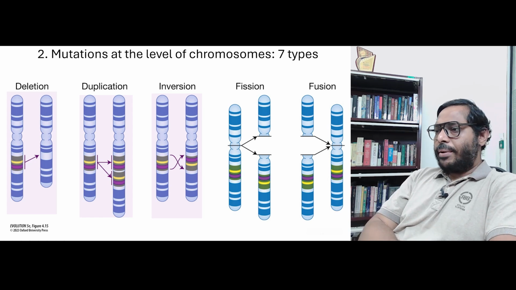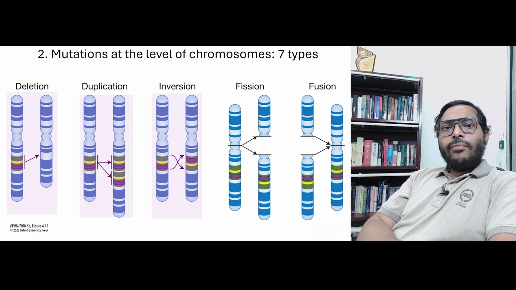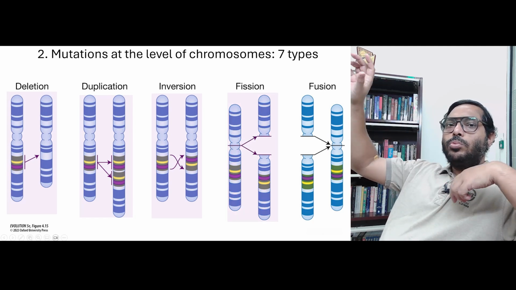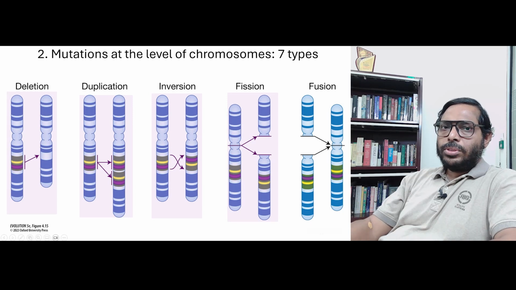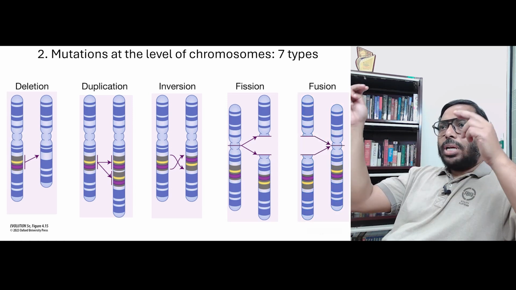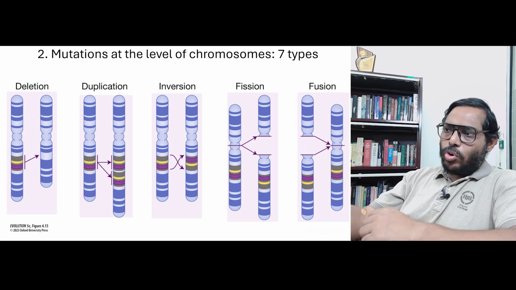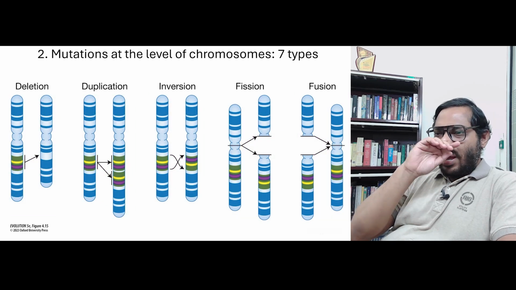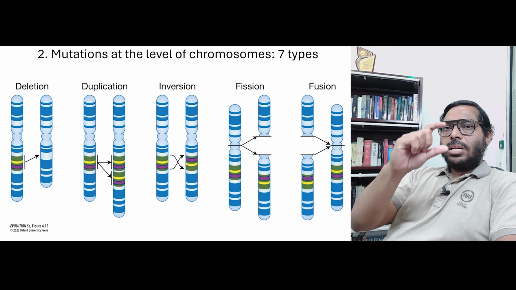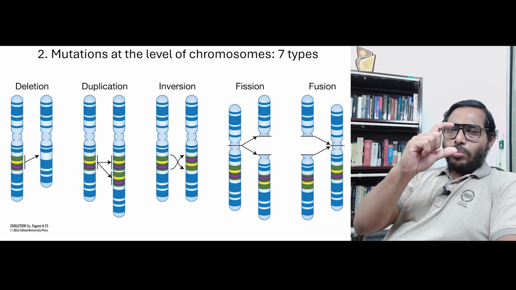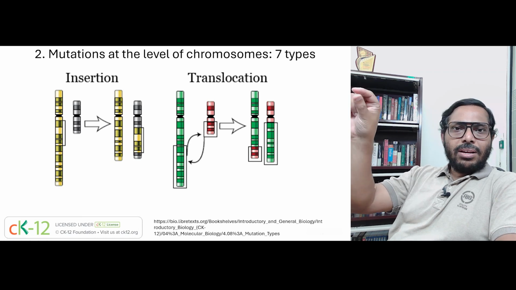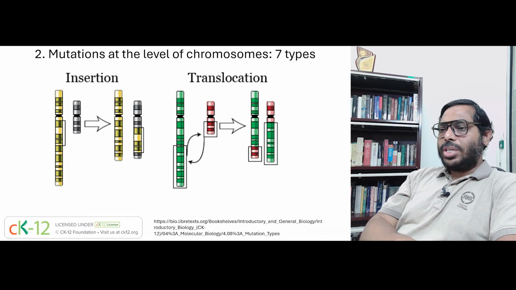as you can see here in the middle figure. Or you can have a fission where you have a chromosome which divides into 2 parts and becomes 2 separate chromosomes, or the opposite of that you can have fusion where you have 2 chromosomes and they come together and form a new chromosome. And then you have what are known as insertions and translocations. In insertion, a full segment of one chromosome cuts out and gets inserted in a different chromosome at a different position.